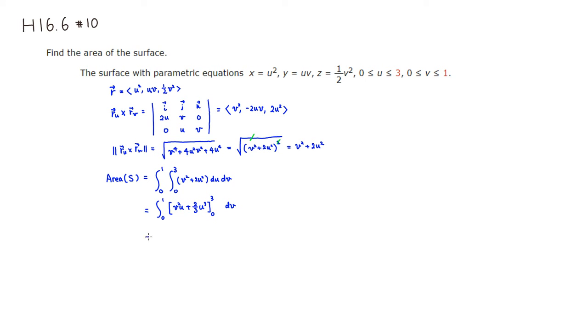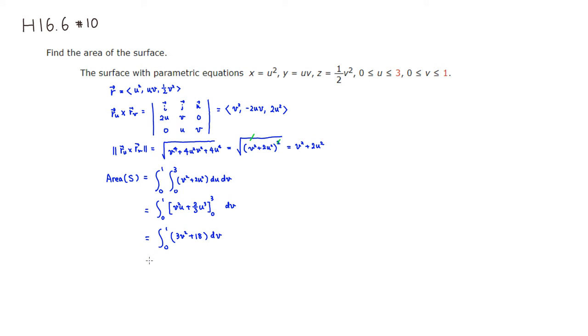We still leave the outside integral alone for now. If you plug in 3, you get 3v squared. And with the 3 there, one of the 3s cancels out, so it's 2 times 9, so plus 18, with respect to v.